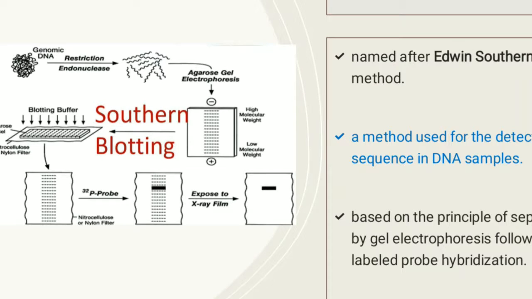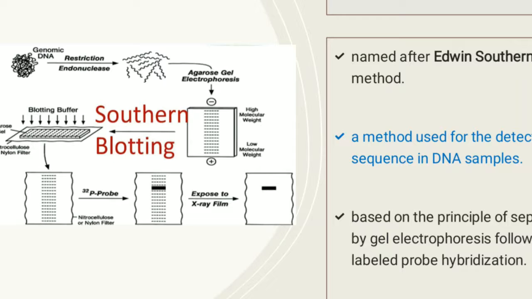Then, as all of you know, DNA is double stranded, and our probe is complementary DNA that we have prepared, and it will bind to our target DNA. But if the DNA is already double stranded, then the complementary DNA cannot bind with our target DNA.